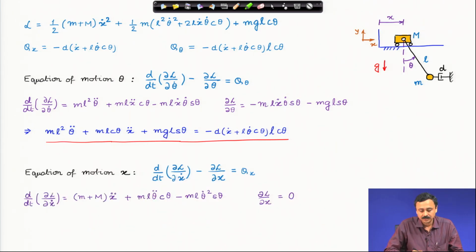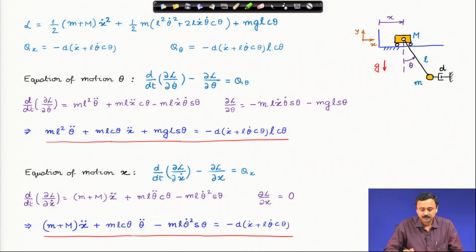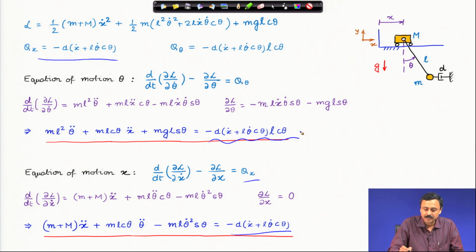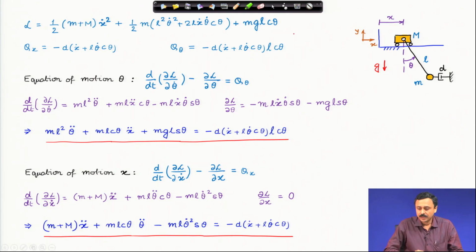In the same way, you can derive the equation of motion corresponding to the displacement coordinate. On the right hand side, we have here the force, the generalized force in the x coordinate direction, and here this has the dimensions of moment. So, this is how we derive the equations of motion in the presence of external forces.